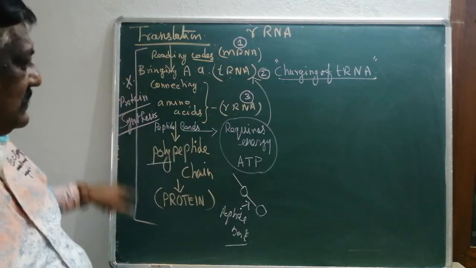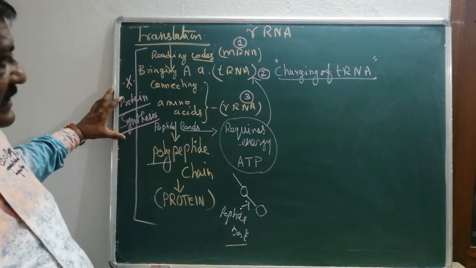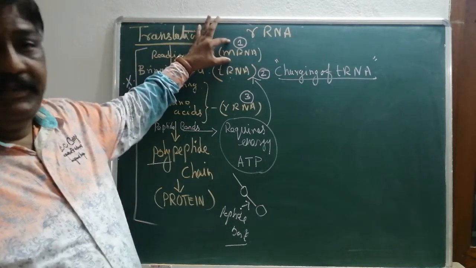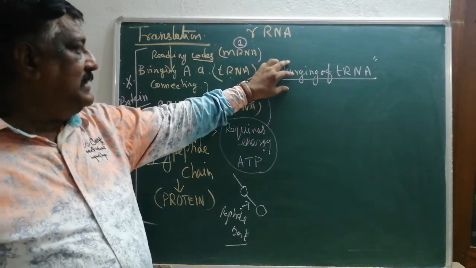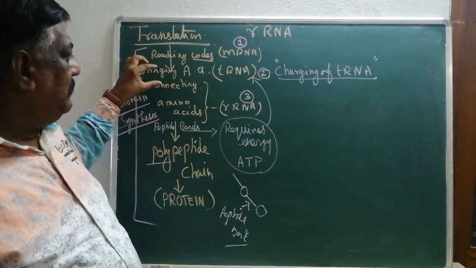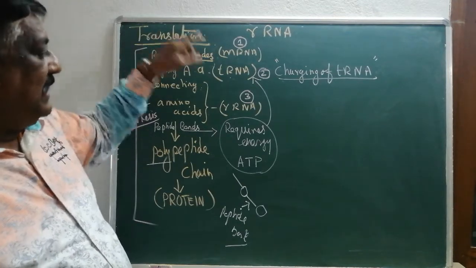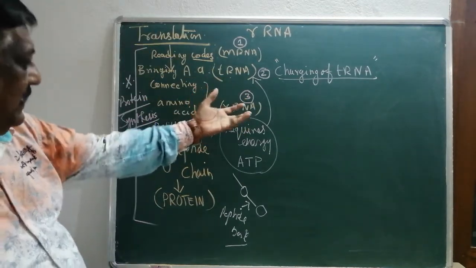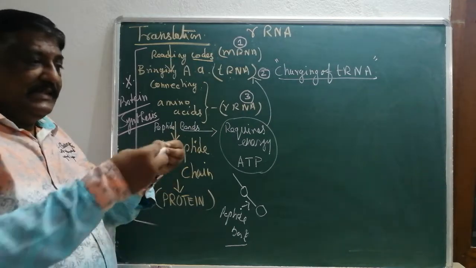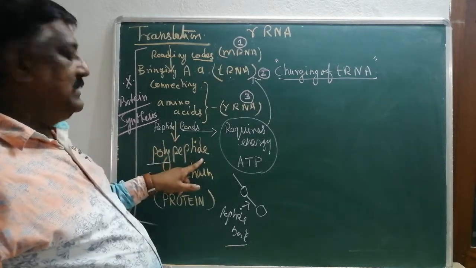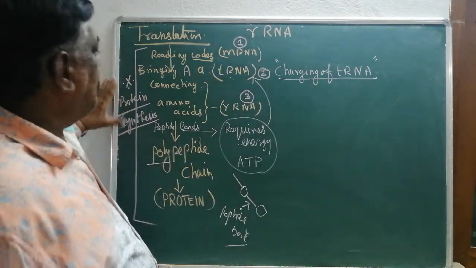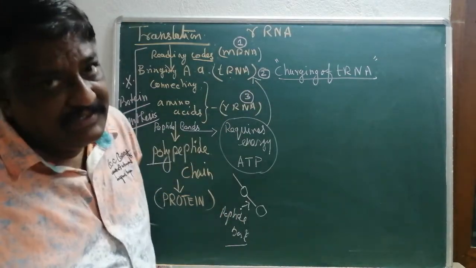This entire process is called protein synthesis, where the mRNA brings the code, the tRNA with the help of its energy and anticodon brings the amino acid to the site, and rRNA with the help of enzymes connects all this and makes a long chain of protein. Protein is nothing but polypeptide, and this is the entire process of protein synthesis.